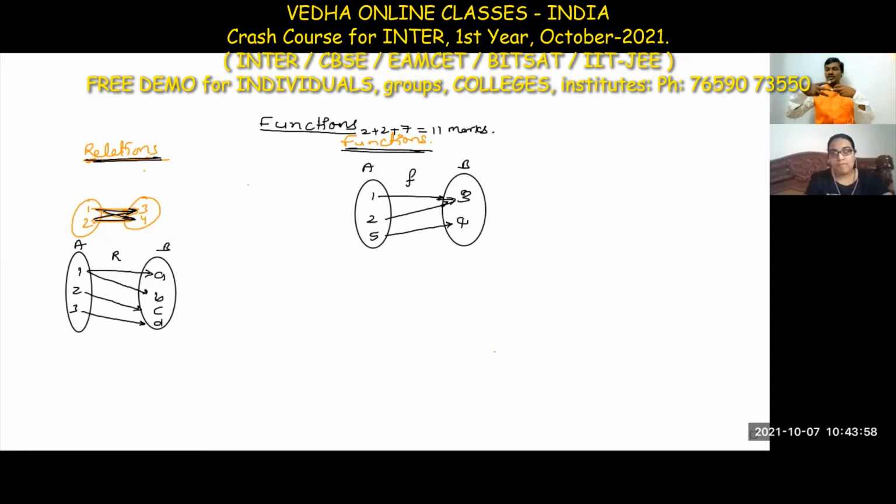Three elements have one image, it is a function. Four, five elements have one image, it is a function. When all the elements have one and only one image, that function is called a constant function.